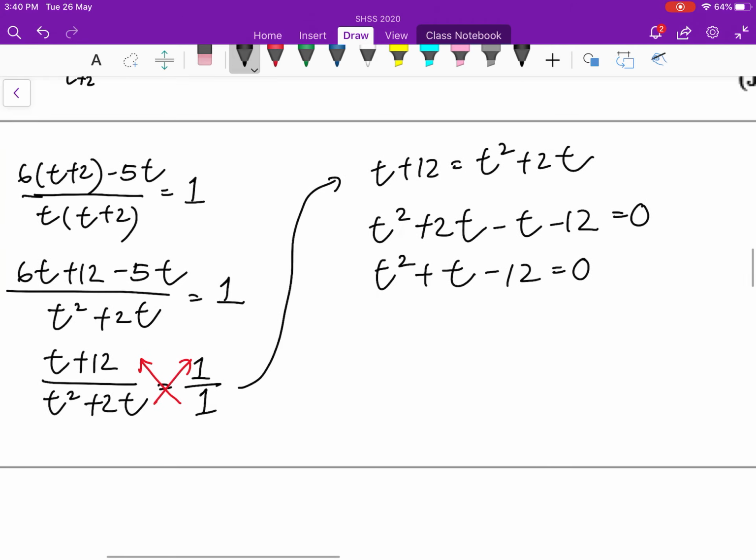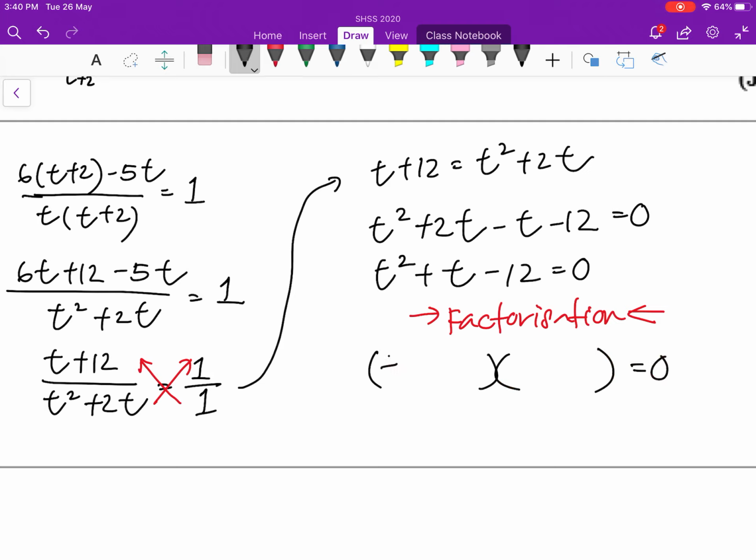From here, you know you need to do quadratic factorization. For those who cannot do the two brackets, please go ahead and do the cross. For those who can, this is 4, this is 3, this is plus 4, this is minus 3.